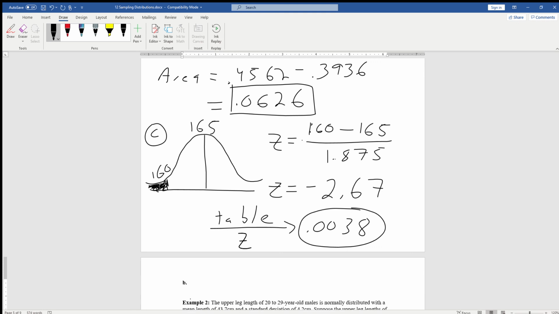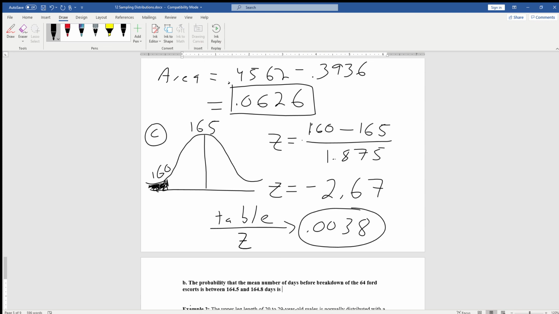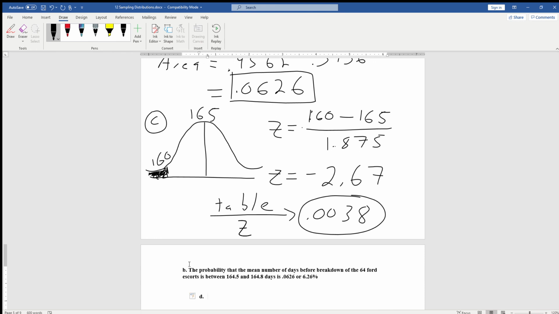For B, this means that the probability that the mean number of days before breakdown of the 64 Ford Escorts is between 164.5 and 164.8 days is approximately 0.0626, excuse me, or 6.26%.